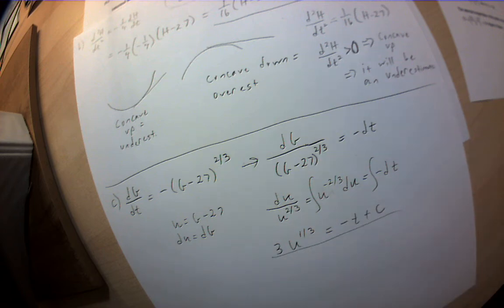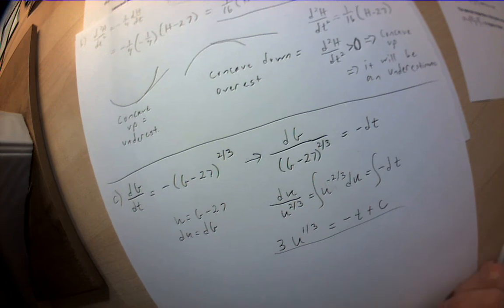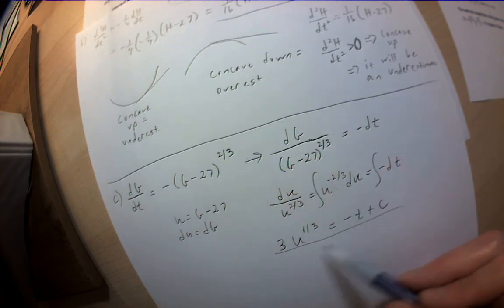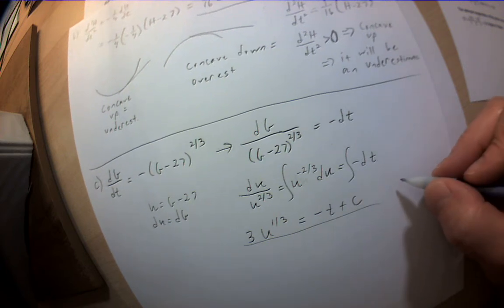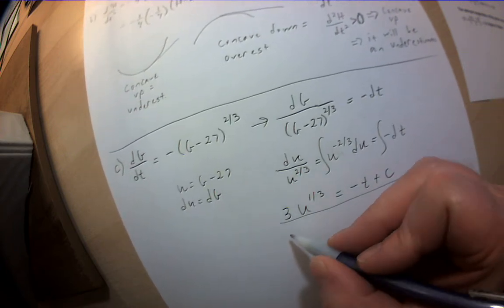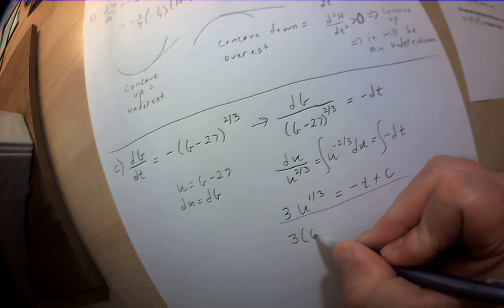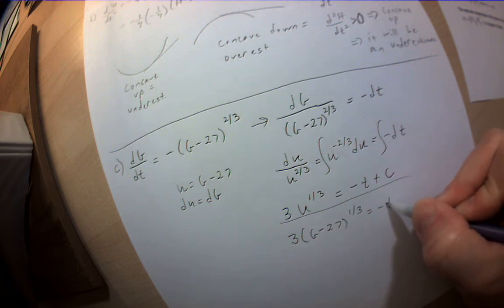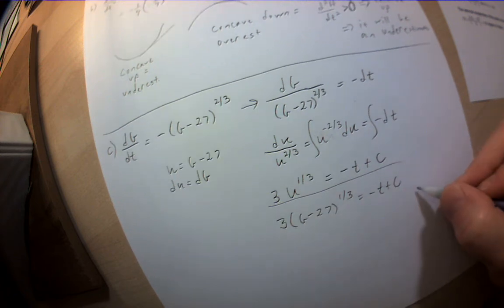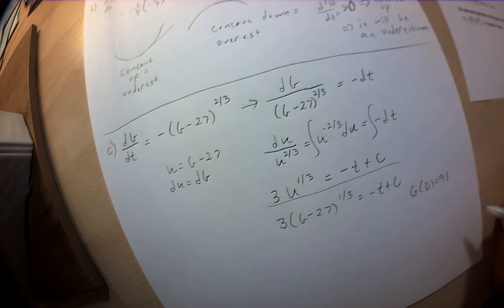Okay, and I'm looking over, that gets you 2 points so far. It was 1 point to do this, it was 1 point to get to this. Now let's solve for the initial condition. Hang on guys, let me put g back in. 3 times (g minus 27) to the 1/3 equals negative t plus c. And now I know g of 0 equals 91.